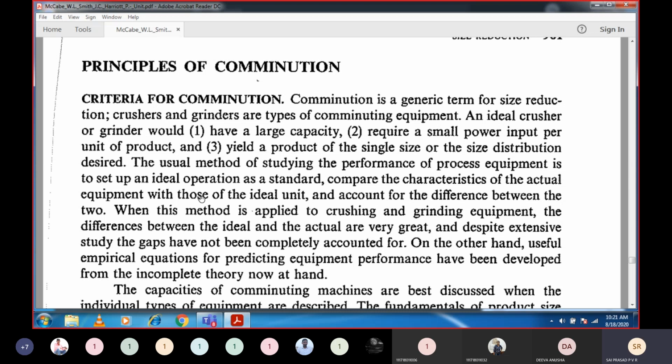So the first step is what? We select an equipment, do the sieving and then do the differential analysis. If you are satisfied that you are able to produce more particles of the desired size, then we select that equipment. If not, the equipment is rejected.